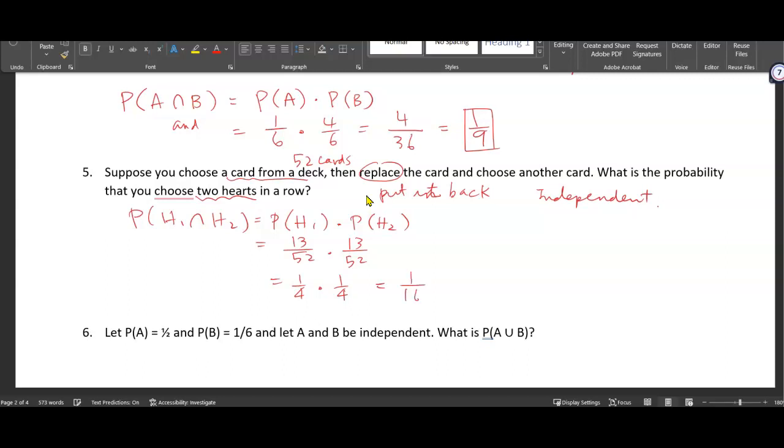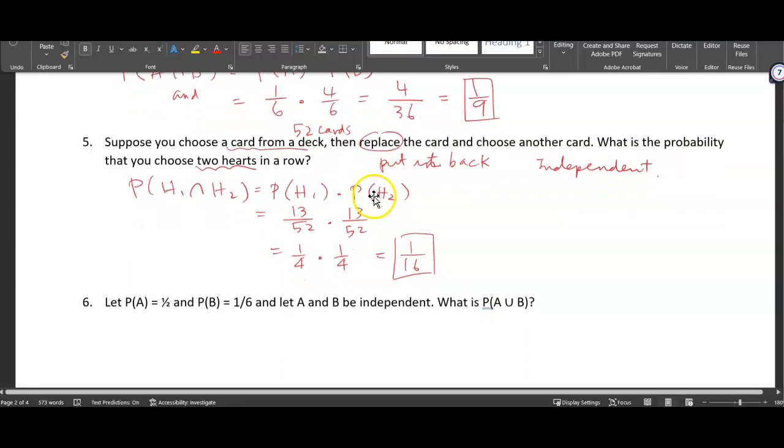So that will be 1/16. 1 times 1 is 1, 4 times 4 is 16. And you can use decimals to do the simplifying if you were to multiply first. Okay, does that make sense? Identifying that it's independent is very important so that we know which method to use.